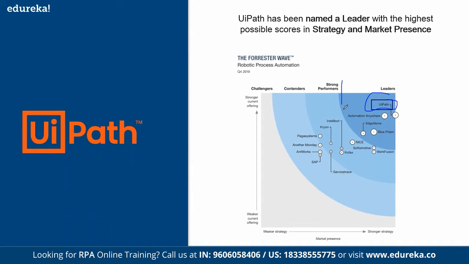This quadrant comes under leaders, and among those you have UiPath, Automation Anywhere, Blue Prism, and Edgeverse. UiPath is somewhere here, currently leading, and the toughest competitor for UiPath is Automation Anywhere.